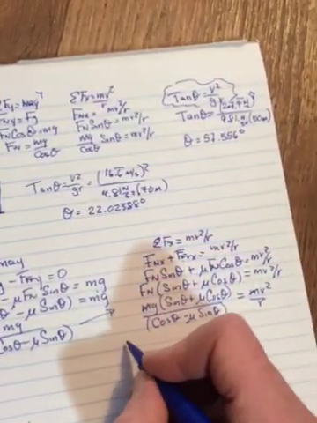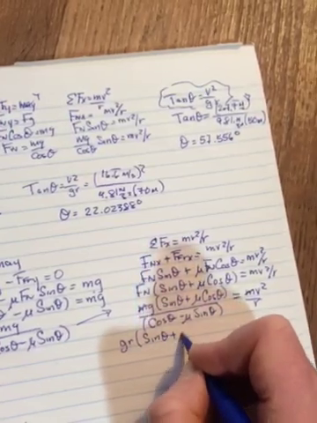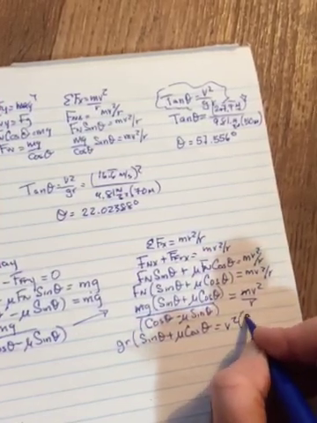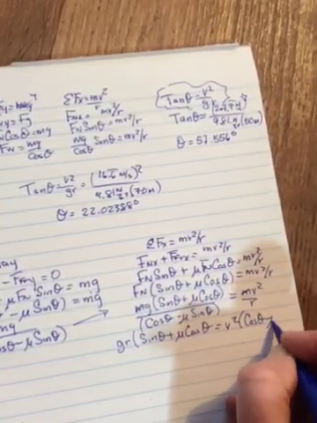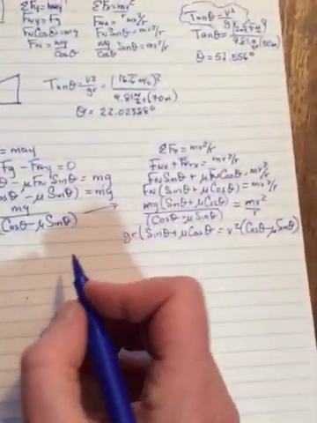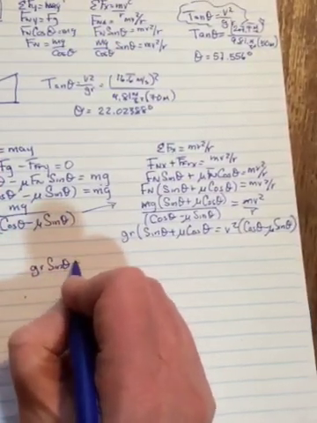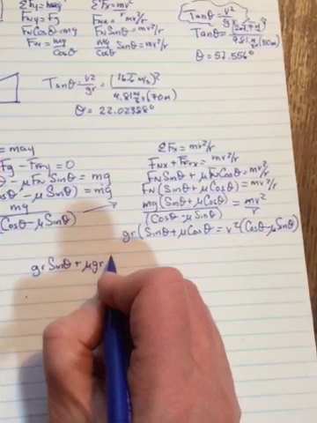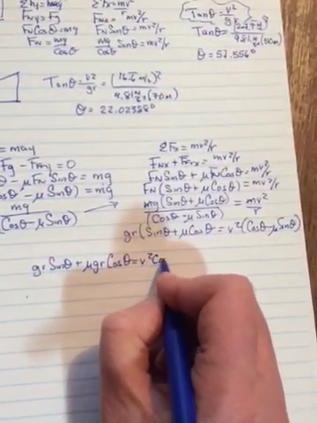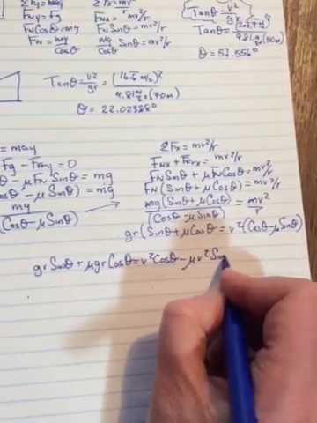cross multiply, so that it becomes gr brackets sine theta plus mu cos theta is equal to v squared brackets cos theta minus mu sine theta. Alright, so now you're going to multiply through, so you'll have gr sine theta plus mu gr cos theta is equal to v squared cos theta minus mu v squared sine theta.